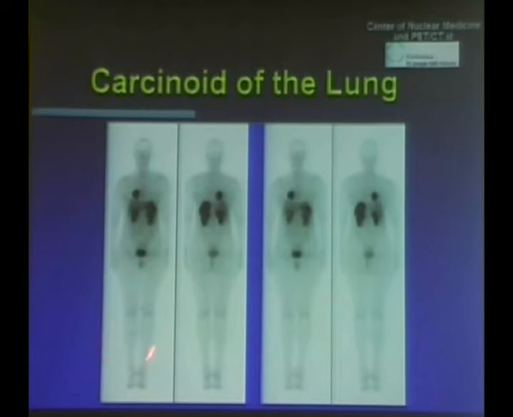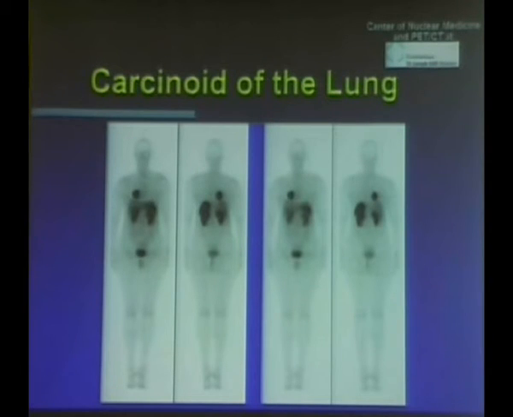Looking at these results, you can clearly define the original tumor, but no metastasis around, so no metastasis of the hilus or mediastinum, and of course no metastasis of the liver. So in this case, you have in one whole body imaging all the information for discussing whether we should perform surgery, because there are no metastases, and this patient underwent surgery, and afterwards he was healed from this disease.